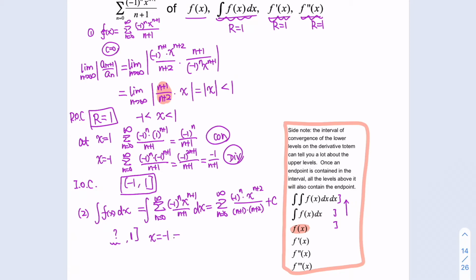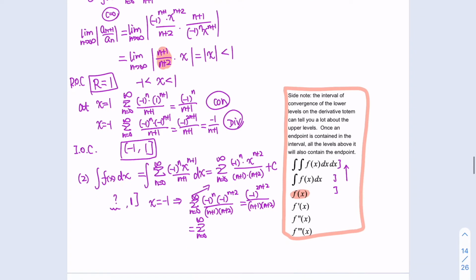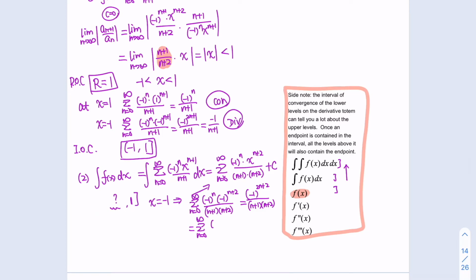Plug negative 1 in here. Sigma of negative 1 to the n plus 2 over n plus 1 times n plus 2. Negative 1 to the 2n plus 2 is always even, so negative 1 will become 1. Even power will always be positive, over n plus 1 times n plus 2.